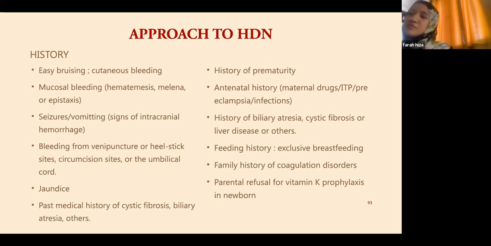Basically we also want to rule out other causes of hemorrhage, such as maternal disease like ITP, preeclampsia, or infection. Okay, feeding history, whether the newborn had exclusive breastfeeding, any history of coagulation factor problems, or the most important history, which will be the parental refusal of vitamin K prophylaxis.